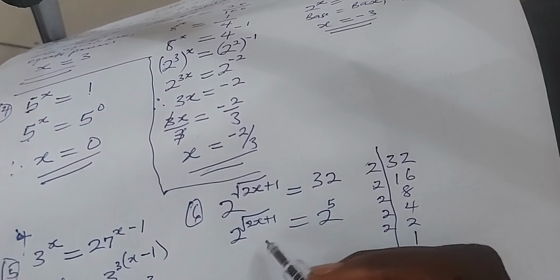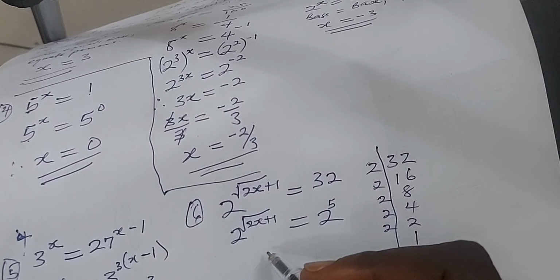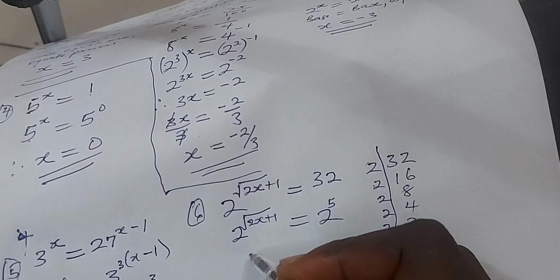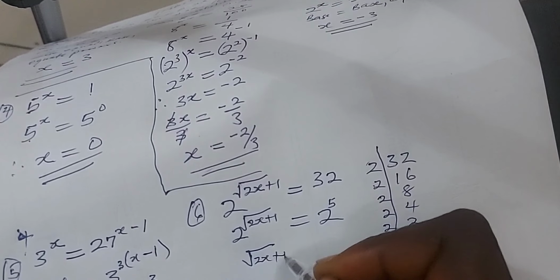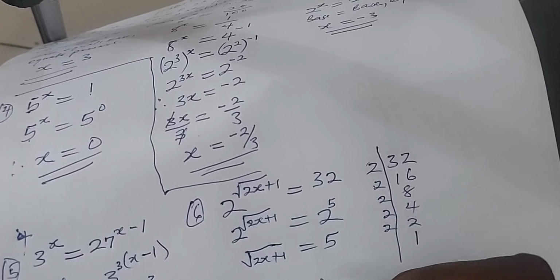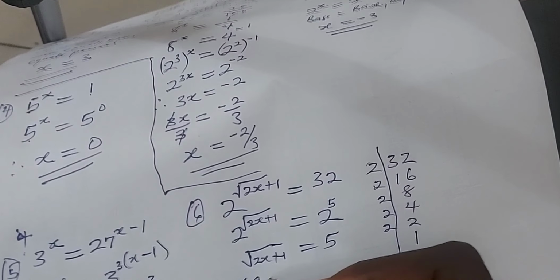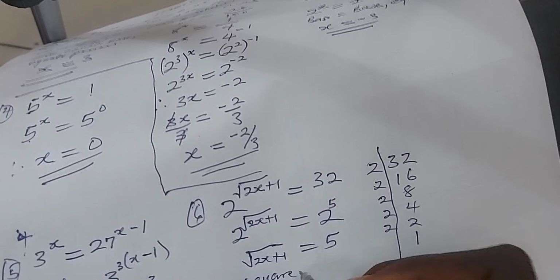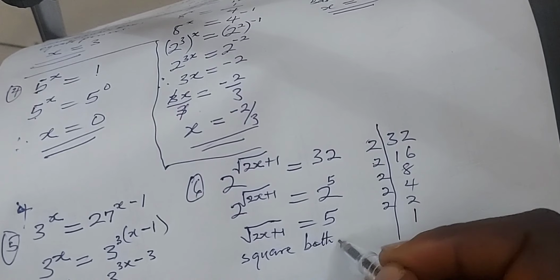So from here now, base equals base, equate powers. So we have square root of 2x plus 1 equals to 5. Square both sides.